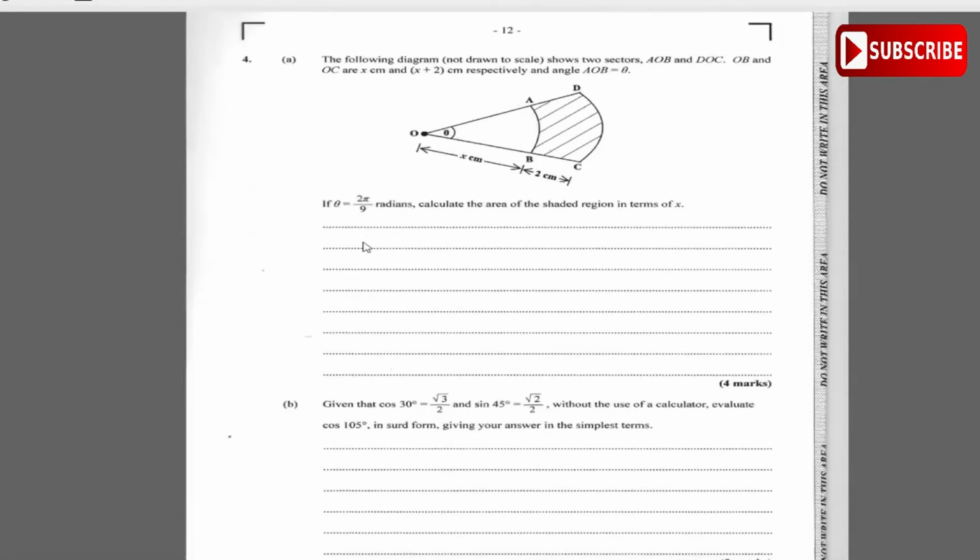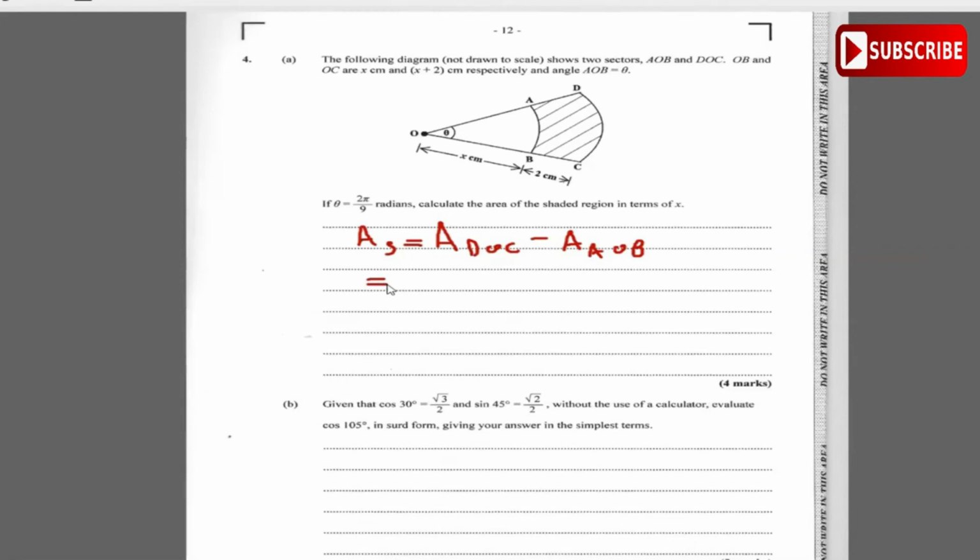The area shaded, AS for area shaded, is equal to the area of the sector DOC minus the area of the sector AOB. Now the area of a sector is equal to a half r squared theta.